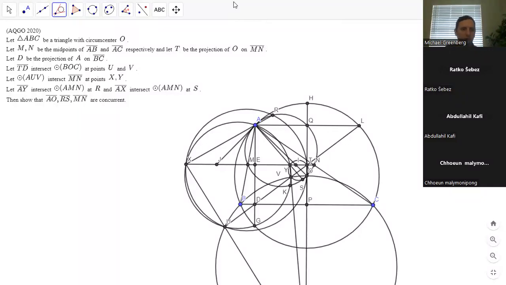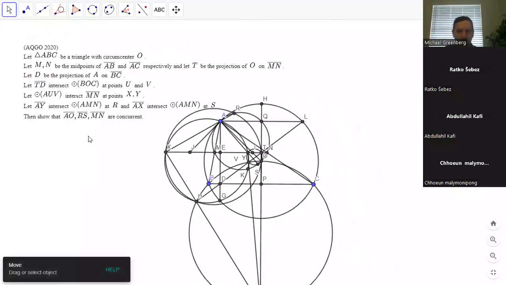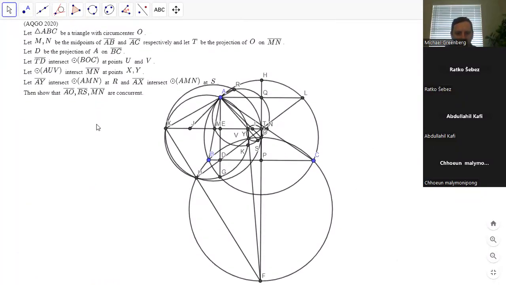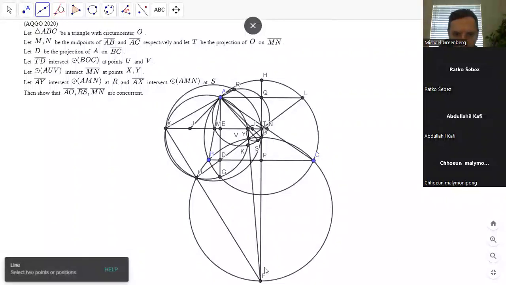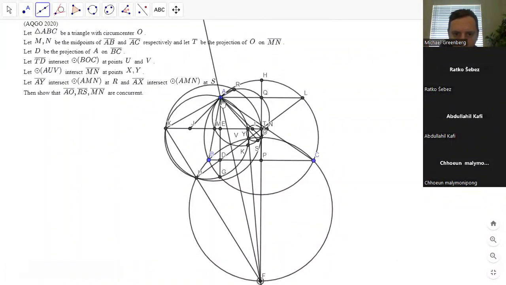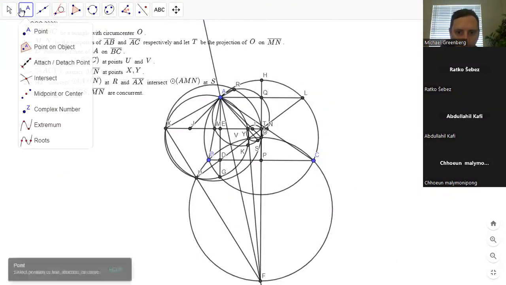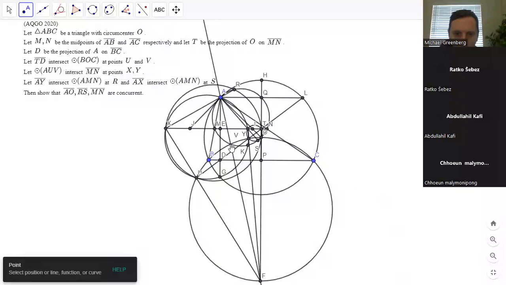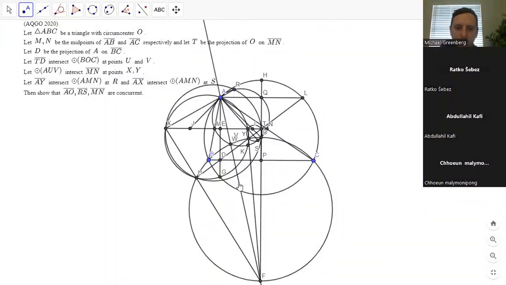I wonder, so if I draw this point in again, F, I wonder if F and A are collinear with this point right here. We'll just draw it in. And yeah, that's kind of obvious actually.